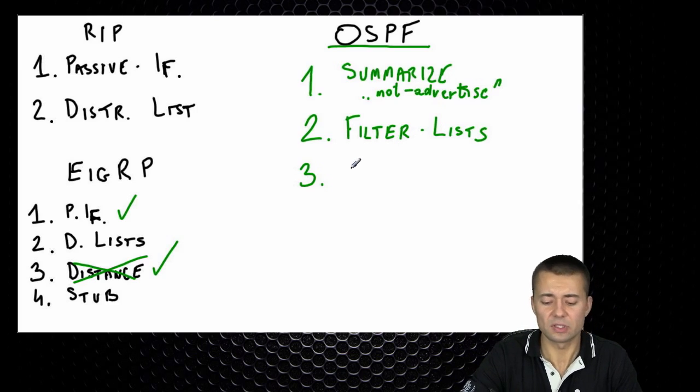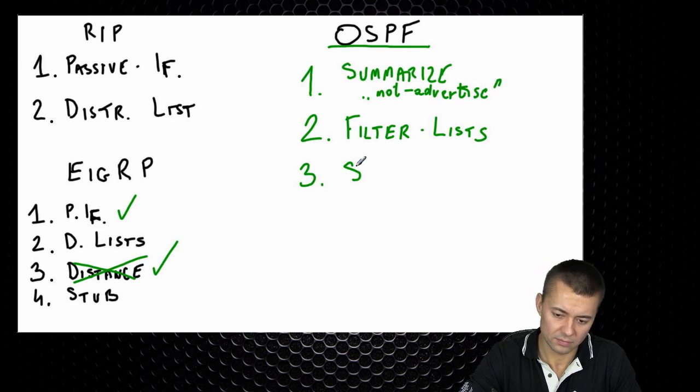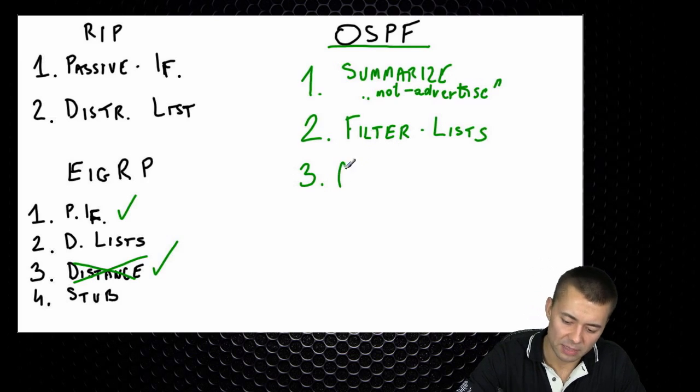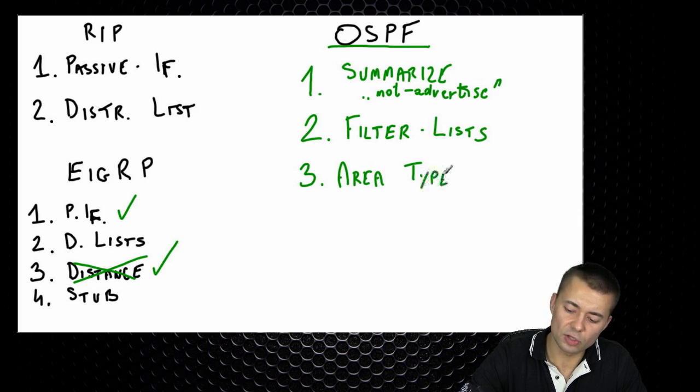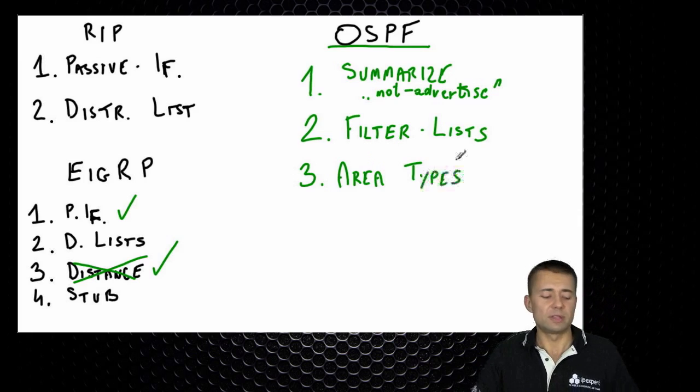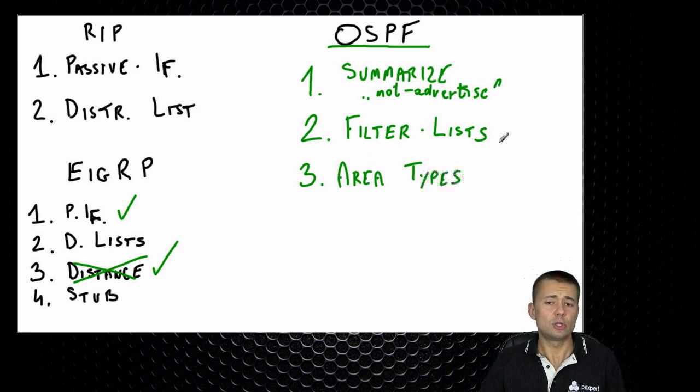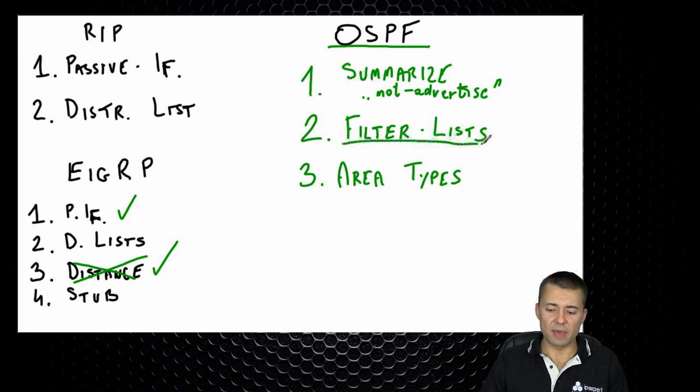So let's just call it area types. And specifically, this is gonna be the stub area, what I will then show you, and a totally stubby area. Okay, but first thing, let's take a look at this method, the filter lists.